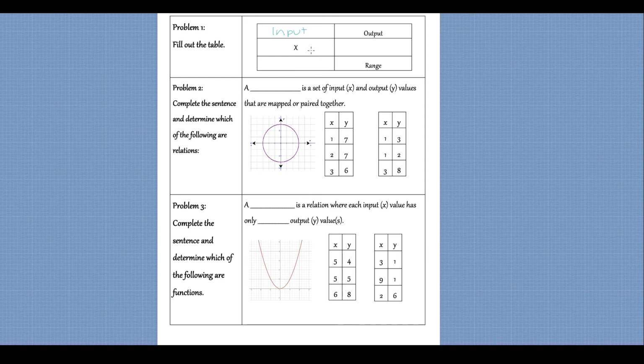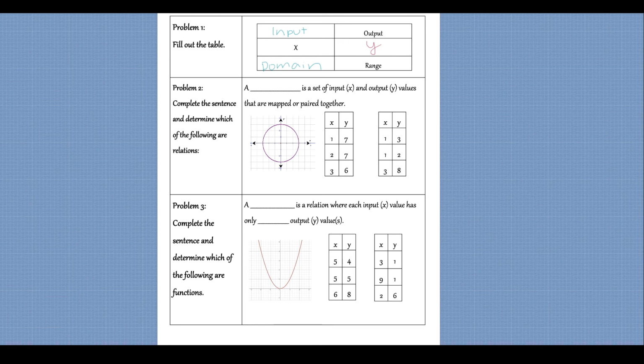And the total set of input values in a relation or a function is called the domain. Now, the output value is the y value of a coordinate pair, and the set of y values in a relation is called the range.